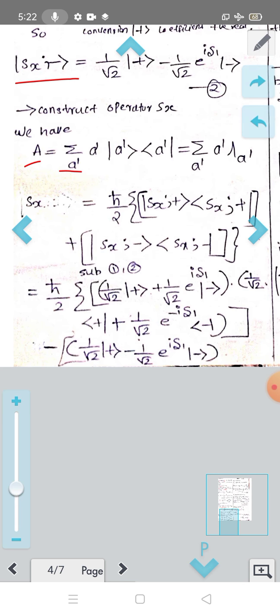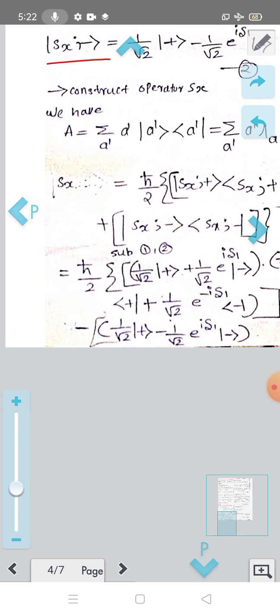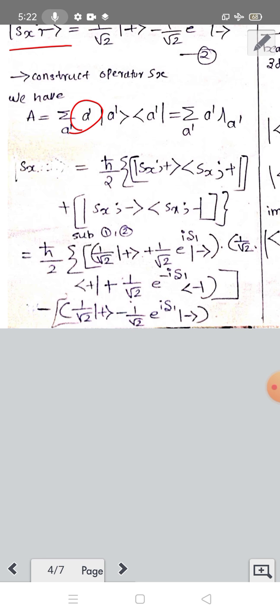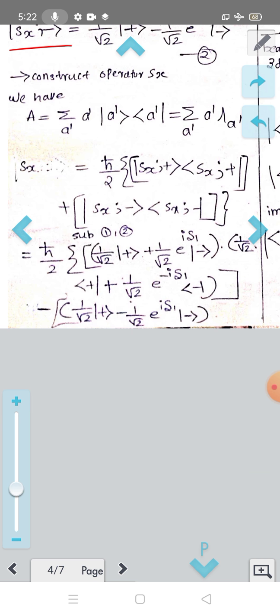According to this, Sx, this is the operator Sx, not the eigenket, can be written as, here the eigenvalue is h cut by 2, so h cut by 2 times the summation over A prime, which is |Sx+><Sx+|. The mutually exclusive alternatives, upstate and downstate, are present, so we have to add this.